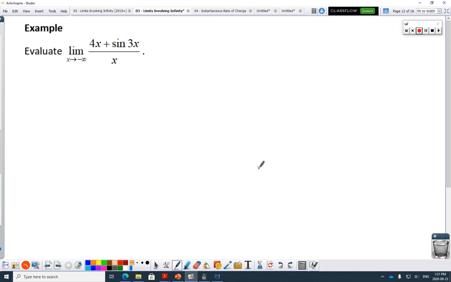Example, here's me using those rules. This says find the limit as x approaches negative infinity of 4x plus sine 3x over x. A very difficult limit because there's so many pieces to it. However, if I do this, I'm going to do both steps before pausing for questions.